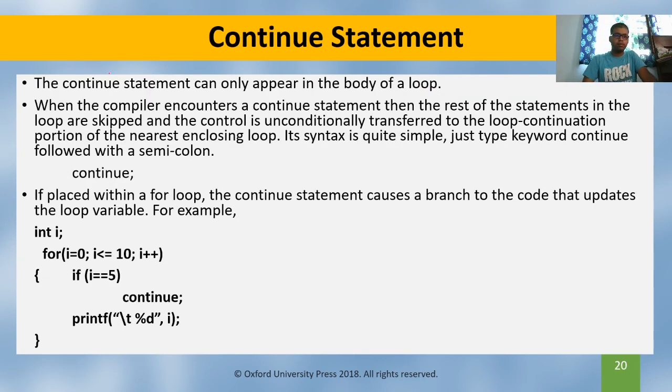Now the continue statement. The continue statement can only appear in the body of a loop. When the compiler encounters a continue statement, the rest of the statements in the loop are skipped and control is unconditionally transferred to the loop continuation portion of the nearest enclosing loop.